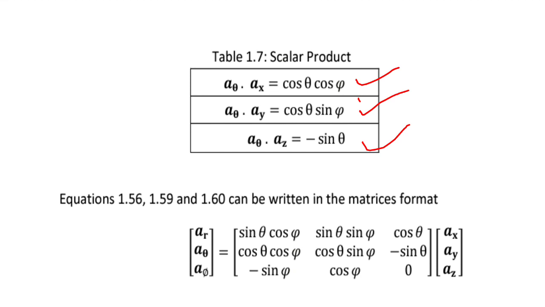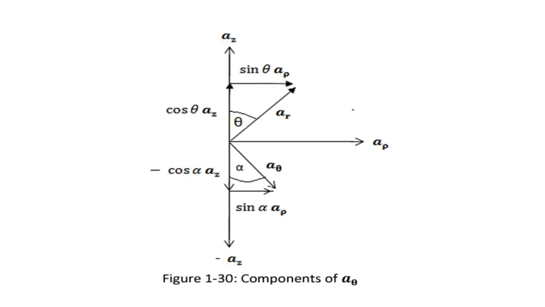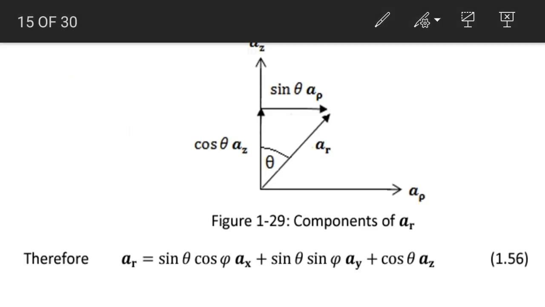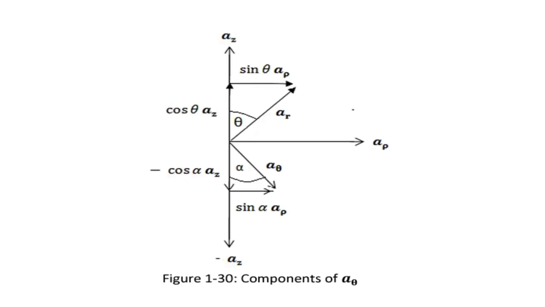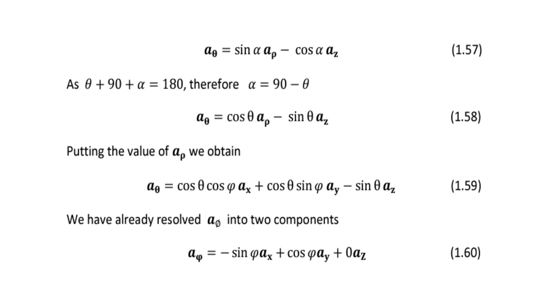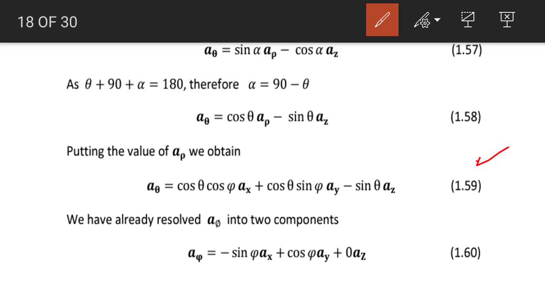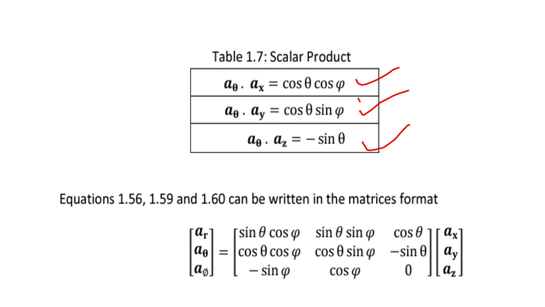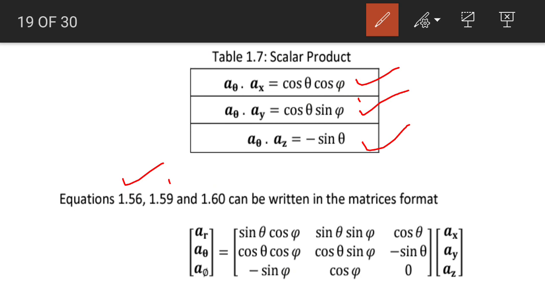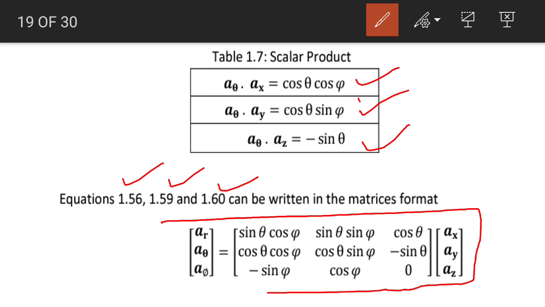So let us consider equation number 56, equation number 59 and equation number 60, and we write all these three equations in matrix format. These three equations in matrix format are given over here.